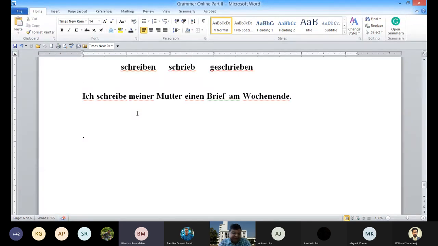And then what will be the perfect tense? So ich meiner Mutter einen Brief am Wochenende geschrieben. Once again. After ich, what verb will you keep?